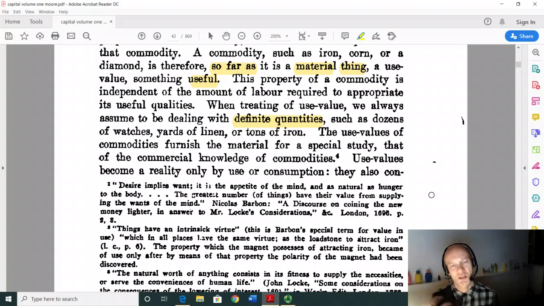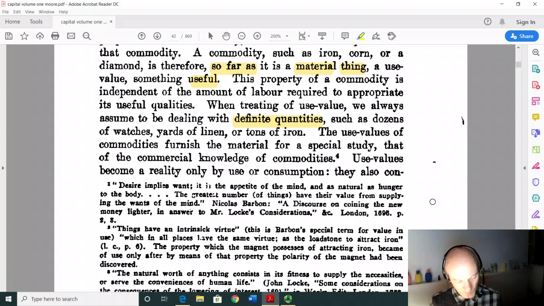So this is basically Marx describing how this concept is used in political economy. So a particular thing, let's say water, is a use value only at the point when humans drink that water. Otherwise it is just water. It is not a use value or any value or anything. It's just a material thing in nature that is there irrespective of whether there are humans.